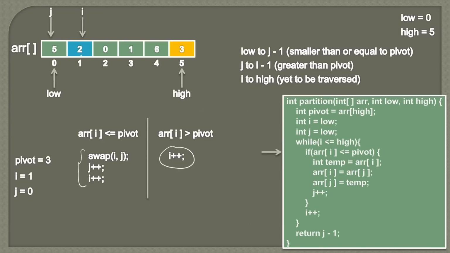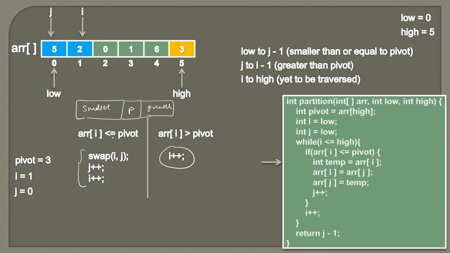Now array of i is 2. 2 is less than 3, so this condition comes out to be true. And once this condition comes out to be true, we know that we need to swap the values at i and j index. It means we need to swap 5 and 2. Here, why we are doing this swap is, we need to partition the array in such a way that smaller elements come in the starting range, then our pivot comes, and then the elements greater than pivot.